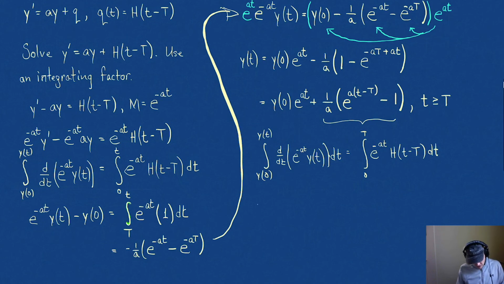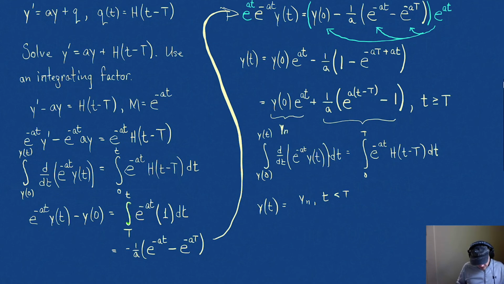So really y of t is equal to just the null solution. So it's equal to y null for t less than capital T, and the null solution is just this component right there. This is y null.